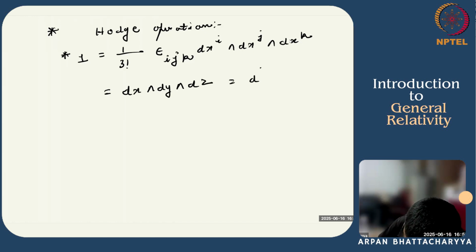So star of 1 is basically the elementary volume element.